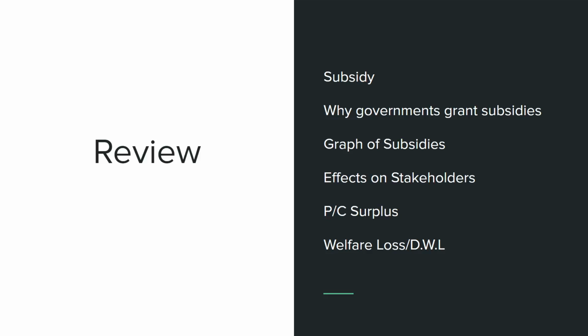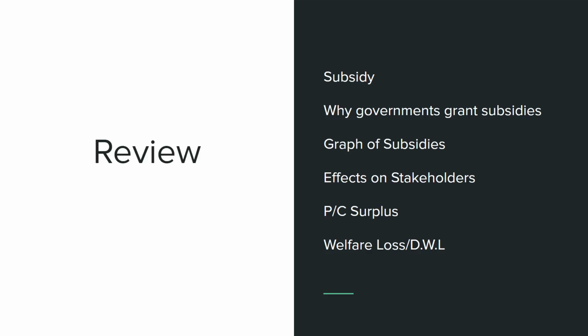We saw how the graph of the subsidy is different from a market equilibrium graph determined by the natural processes of supply and demand. The implementation of a subsidy shifts the supply curve to the right, giving a higher price received by producers and a lower price for consumers.